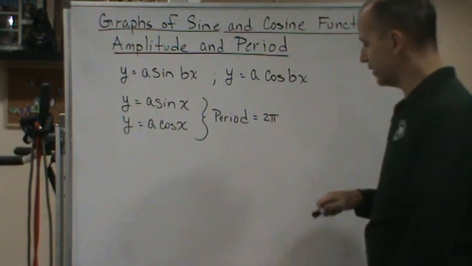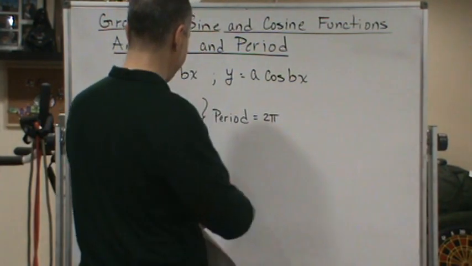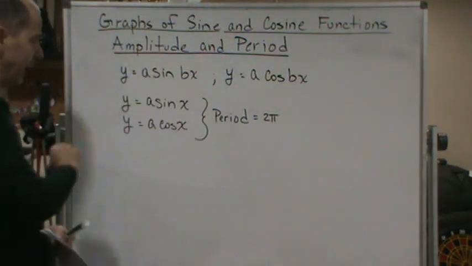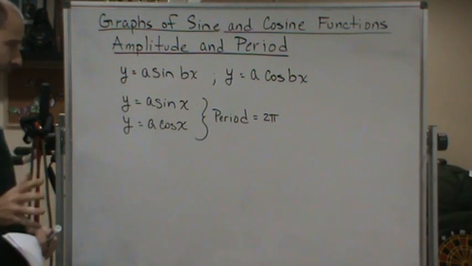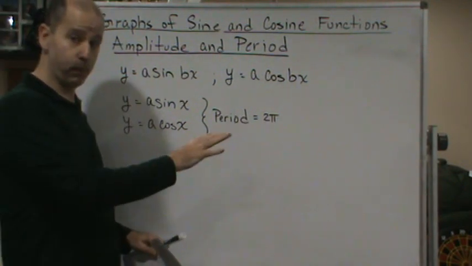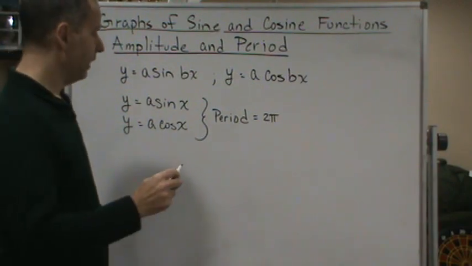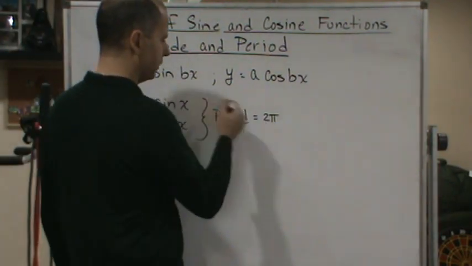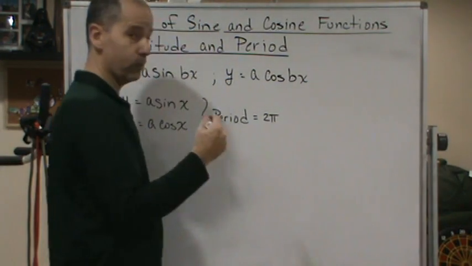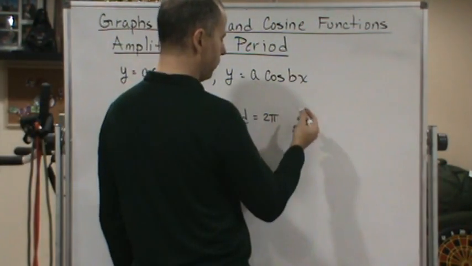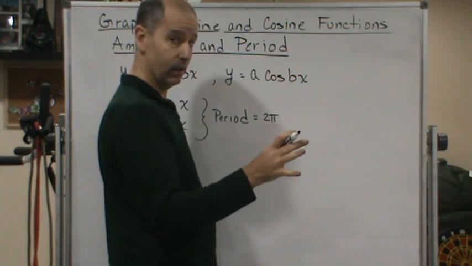In fact, the way it works is that we know the period for a sine x and a cosine x goes from 0 to 2 pi. It makes sense that these two functions are going to go from 0 to what? They're not going to go from 0 to 2 pi.